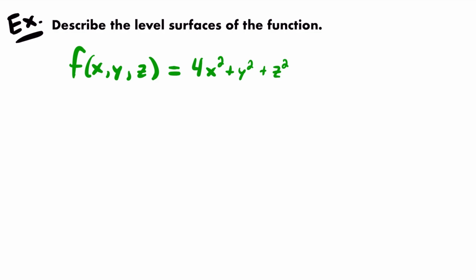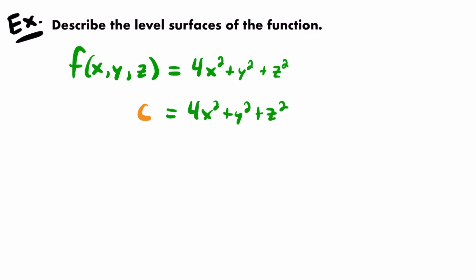So even if we would graph a set of level surfaces in a 3D coordinate system, it's not exactly helpful for us to do that by hand. Okay, so in these problems, we were just interested in describing the level surfaces, and that's it. We just want to identify the type of surfaces we would get when setting your function equal to different constant values. All right, so in this case, if we set this function equal to a constant c, we'll have c is equal to 4x² plus y² plus z².